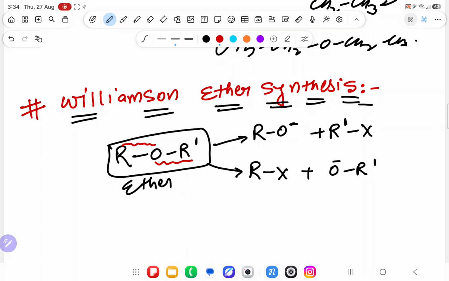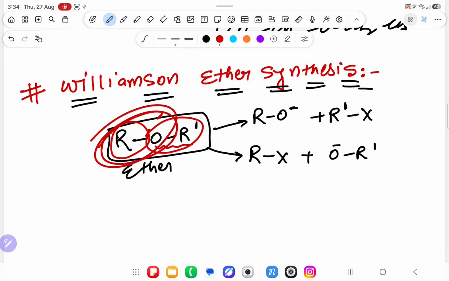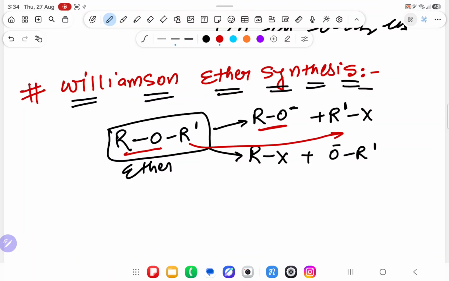Now we have to understand which R will be there. Either this R will have the O and X will be with the other one, or this R will have the O and X will be on this R. So either this will happen or that will happen.